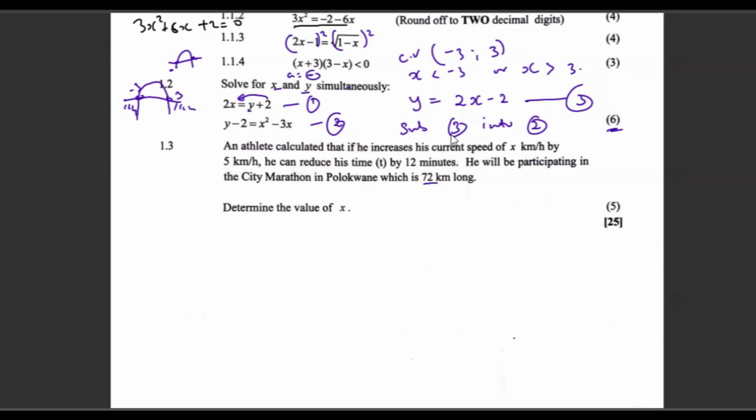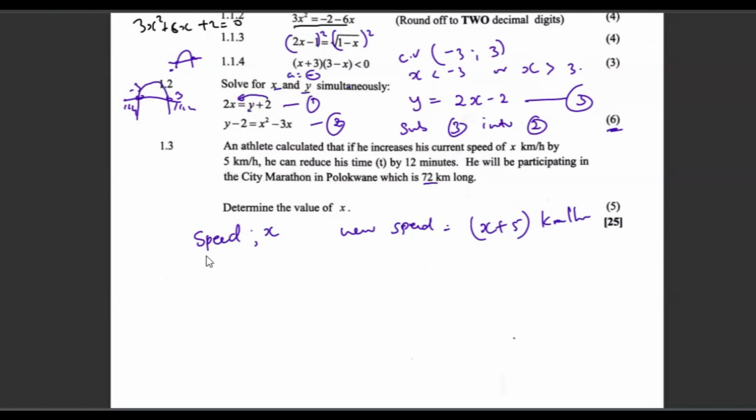Determine the value of x. Okay, so let's see. We know that the current speed is x. The new speed is going to be x plus 5. This is kilometers per hour.